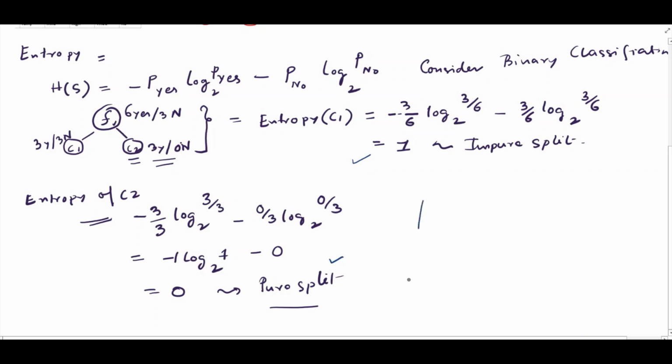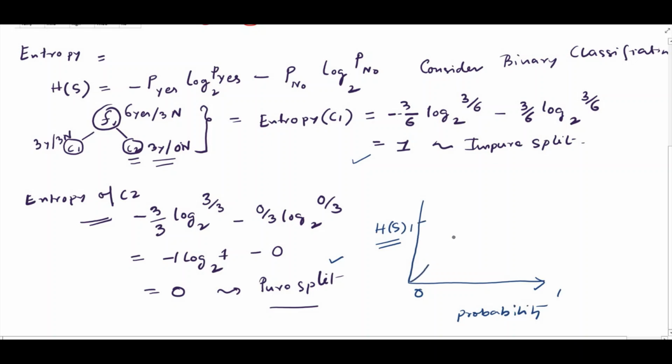Okay, so if we draw this on a 0 to 1 axis, where this is the probability and this is the entropy of any point, what will happen? So this is 1.